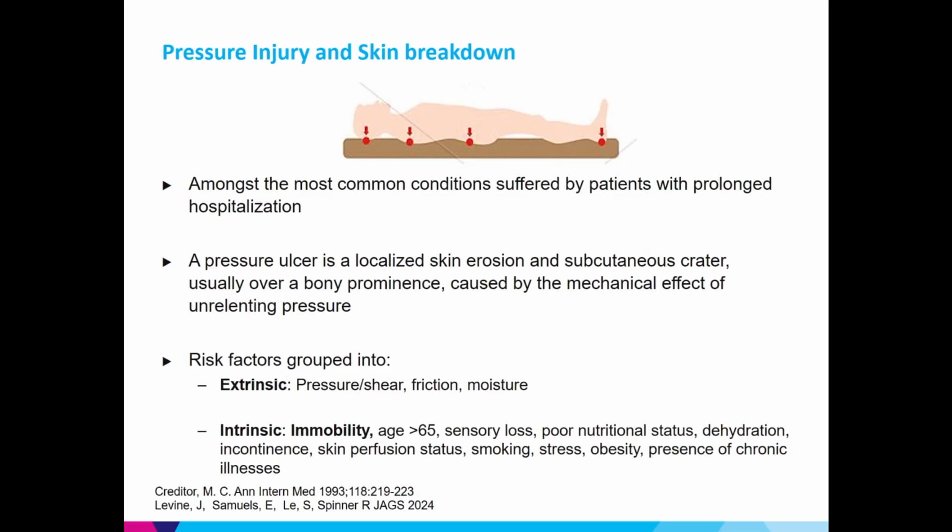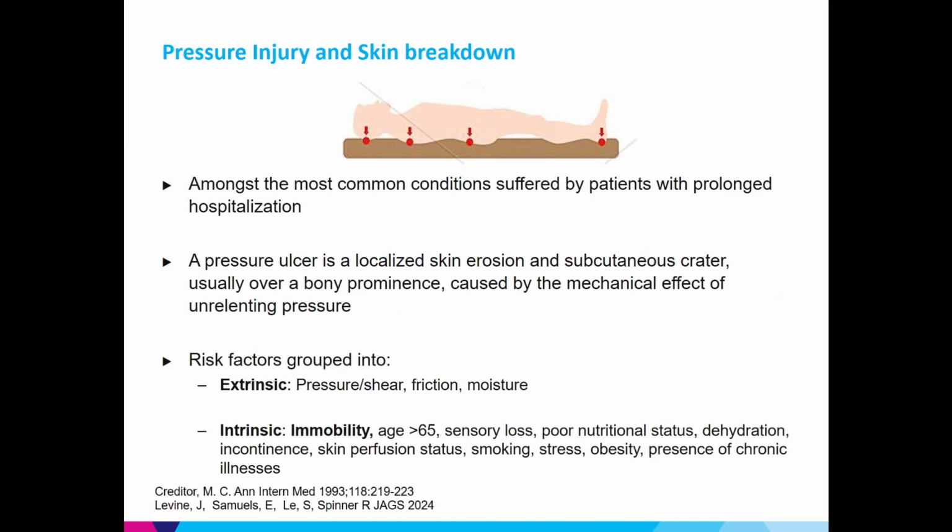and skin breakdown. Pressure injury is among one of the most common conditions suffered by our patients with prolonged hospitalization and bed rest. A pressure ulcer, as you recall, is a localized skin erosion and subcutaneous crater, usually over a bony prominence, and caused by mechanical effect of unrelenting pressure.